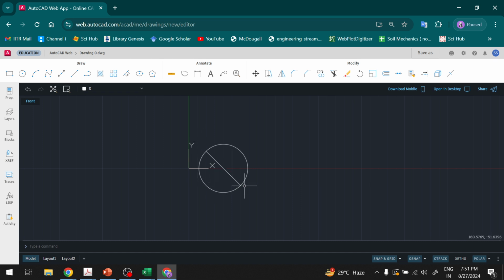And now to plot the pole, what we will do is we take a line, minus 90 degree, up to here.